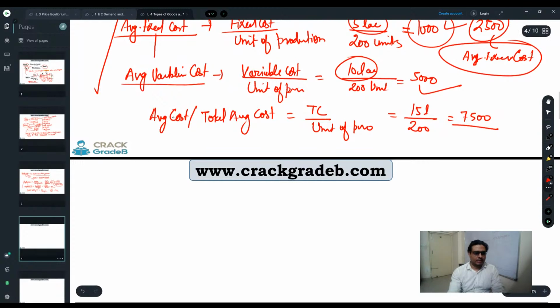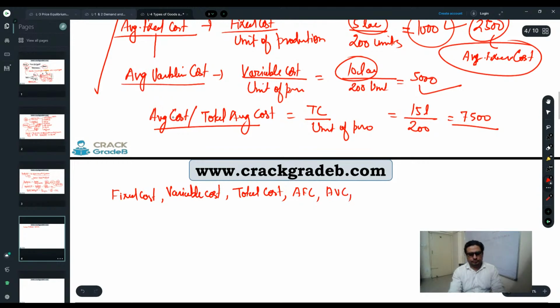Okay, fine, leave it. What I have explained till now: fixed cost, then variable cost, total cost, and after that average fixed cost, average variable cost, and average cost.